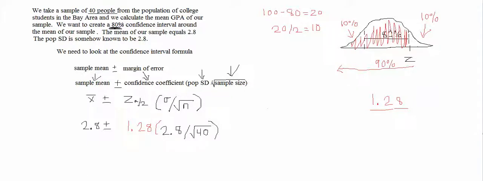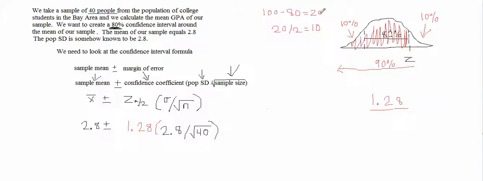Because I said that, create this normal curve, mark off the center 80%, find out what percentages the tails are by taking 100, subtracting the percentage I gave you, which in this case is 100 minus 80, and it came out to 20. This is just 100 minus the percentage I gave you.